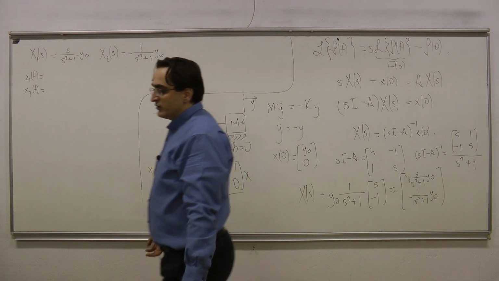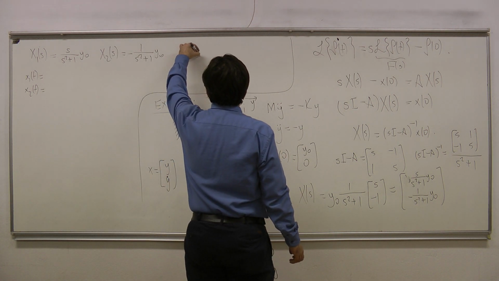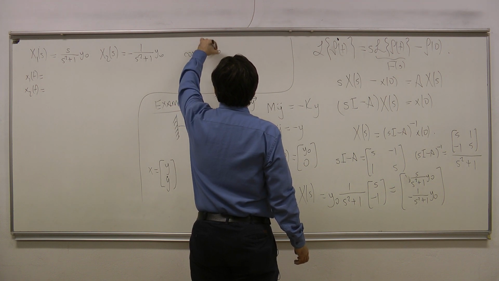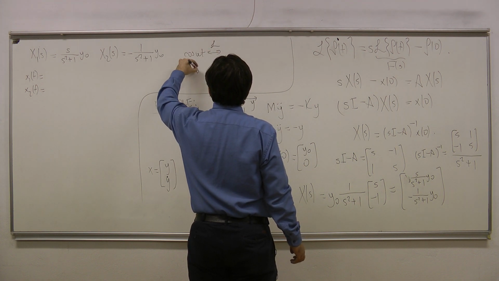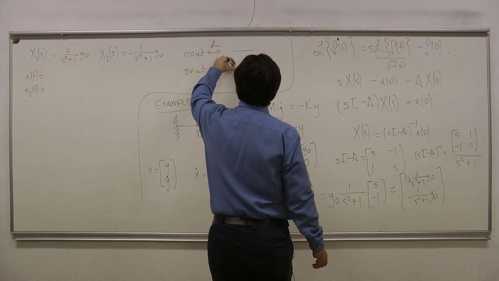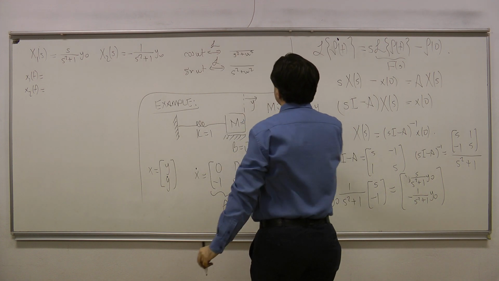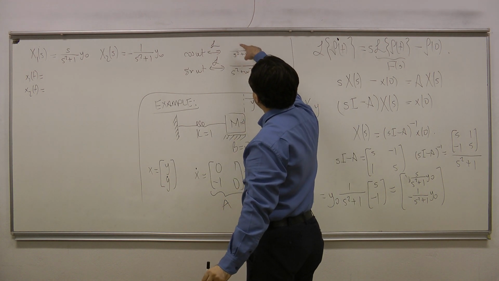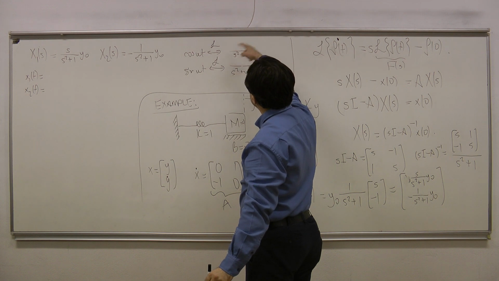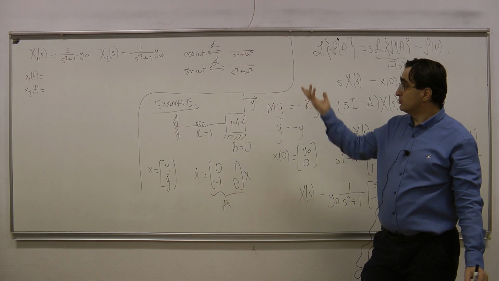The way I remember this is as follows. So I have cosine omega t in the Laplace domain and sine omega t in the Laplace domain. Both of them have the same factors in the denominator. Okay? And one of them has s in the numerator and the other one has omega in the numerator.